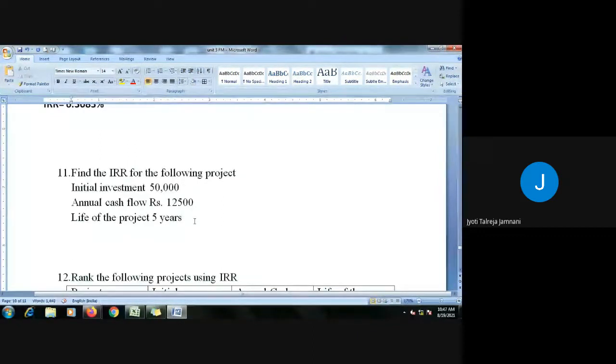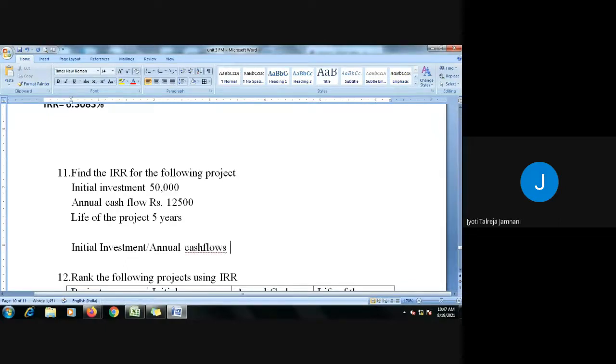What we do is first we do initial investment divided by annual cash flows. So first we do this step.